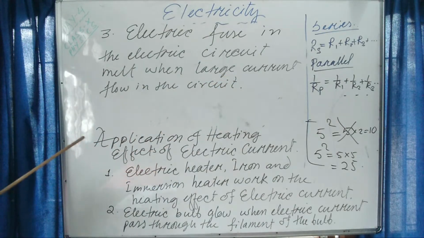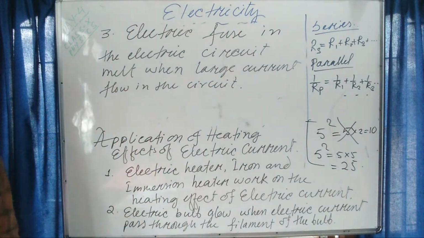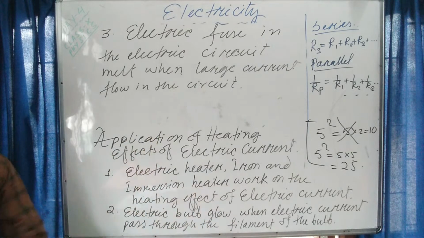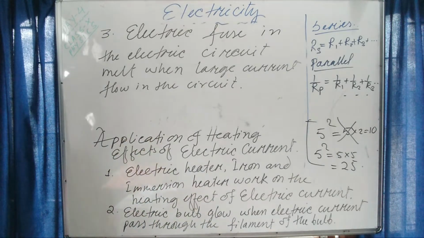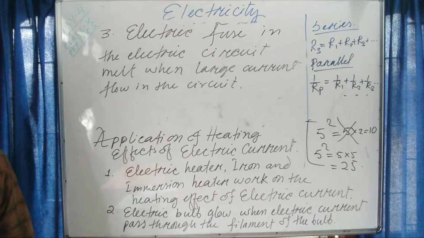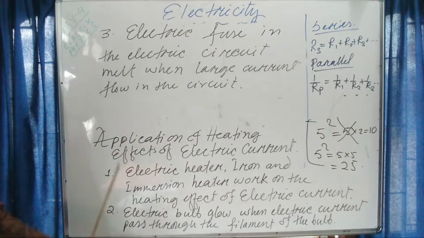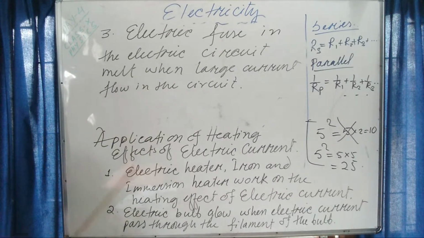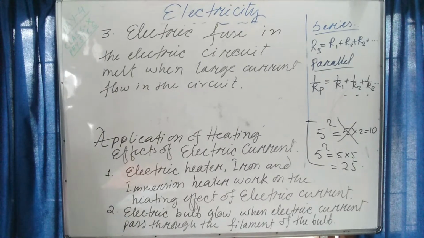At the end of the chapter, we are going to learn about the fuse again, so I will not explain more about this one. Just understand that the fuse wire prevents possible damage caused by short circuits and so on. This point you have to know. So these are some of the applications of the heating effect of electric current.